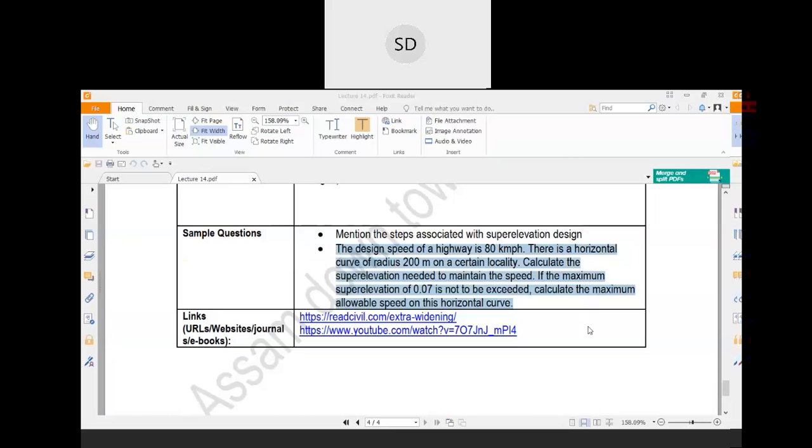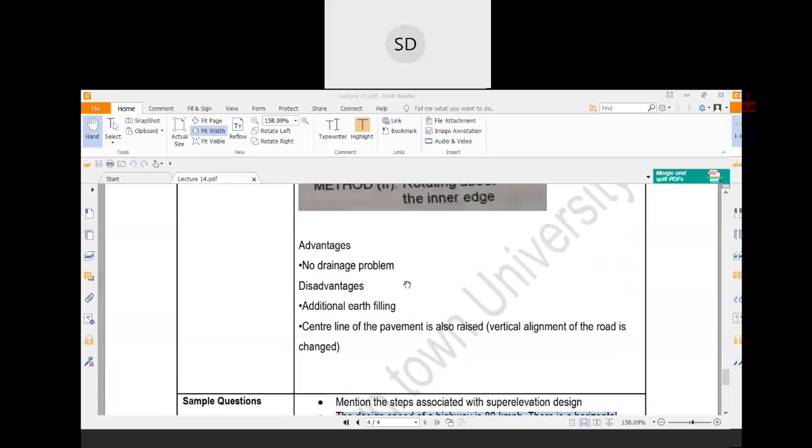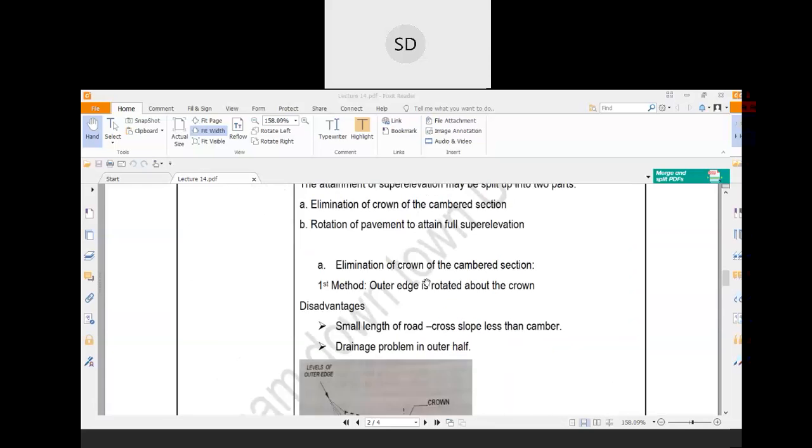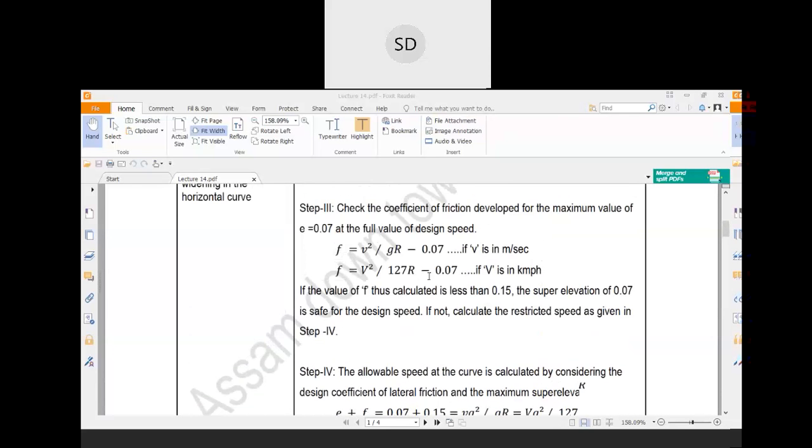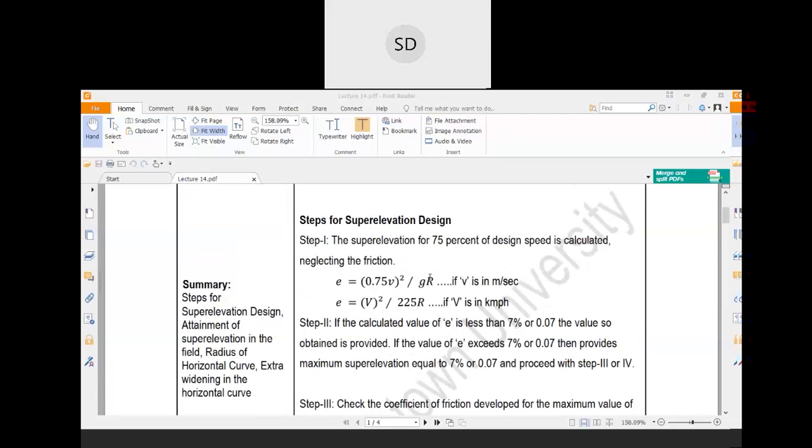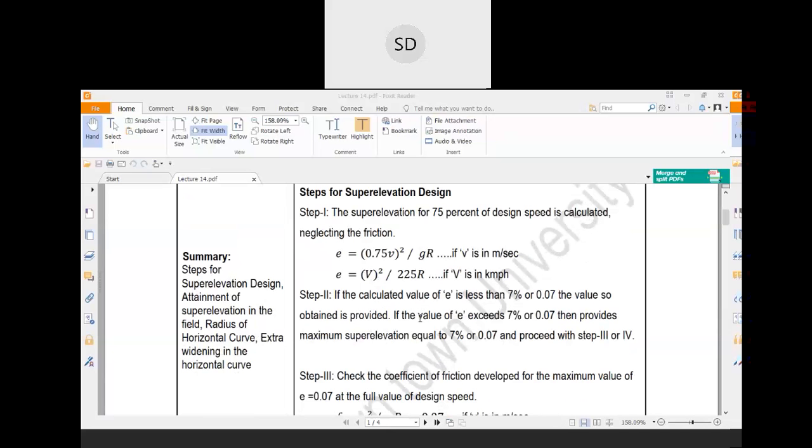I'm writing this question in the chat, and opening the initial portion so that you can have a look at the different formulas.